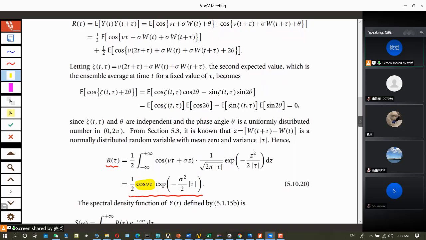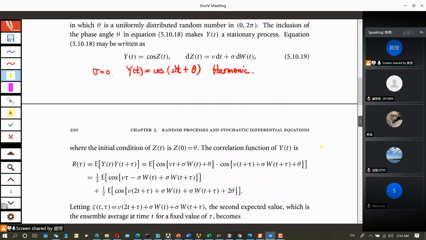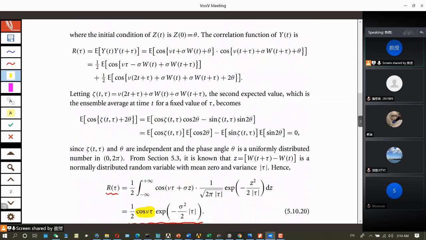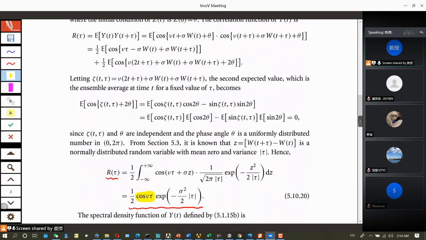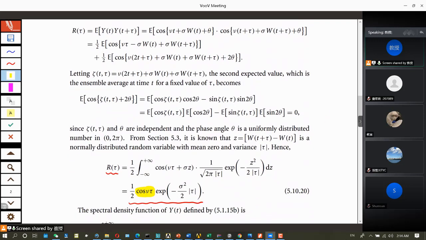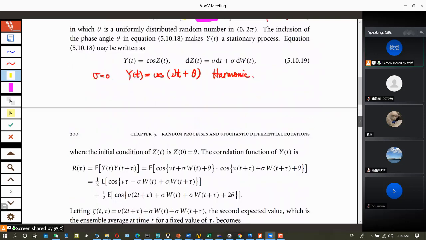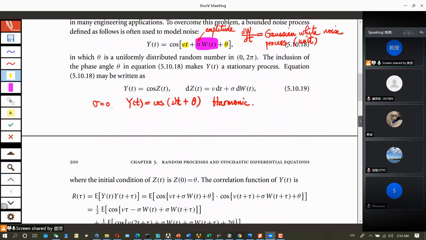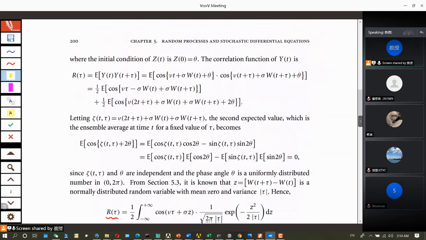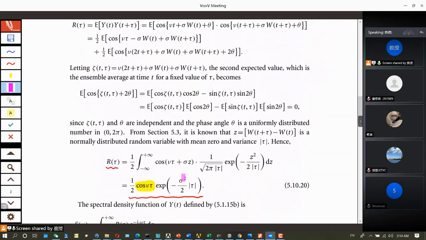To what we just studied? When sigma is 0, yt is a harmonic function. Okay, for harmonic function, the correlation function is also a harmonic function, cosine nu t. Okay, now the noise part, sigma Wt, gives us this term.